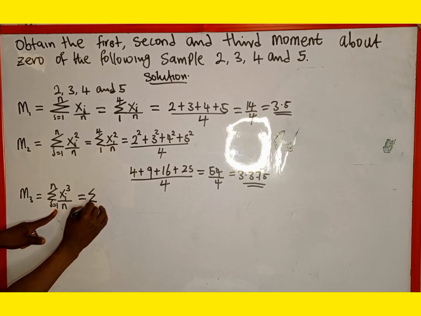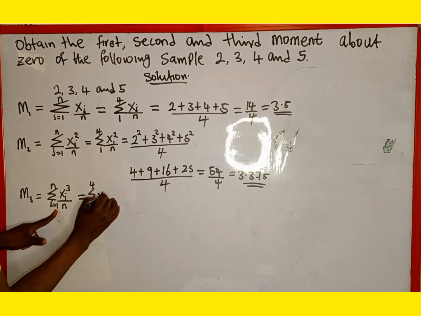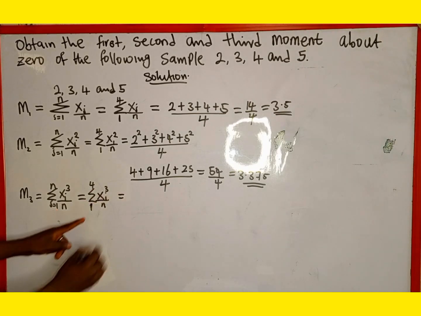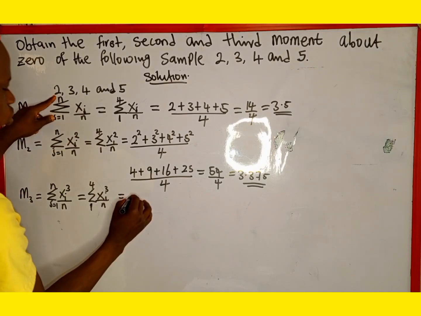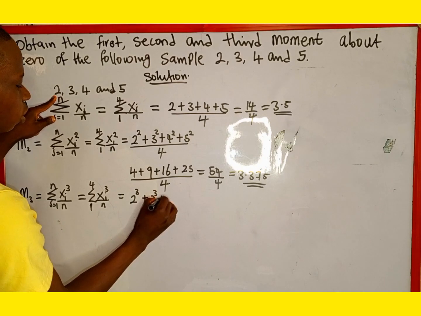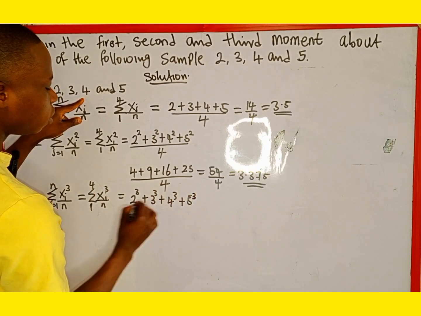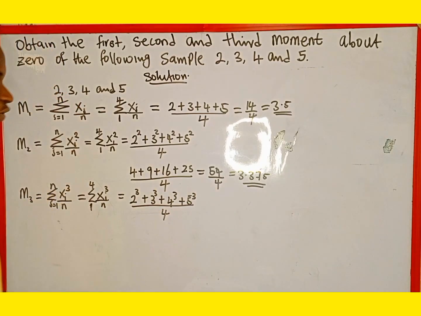We have the summation of xi cube over n, which is equal to 2 cube, plus 3 cube, plus 4 cube, plus 5 cube, everything divided by n, which is 4.